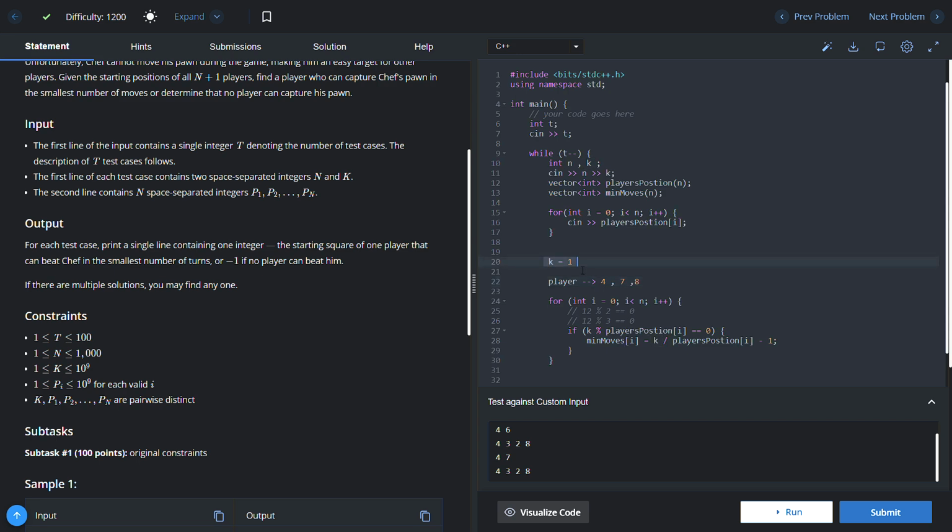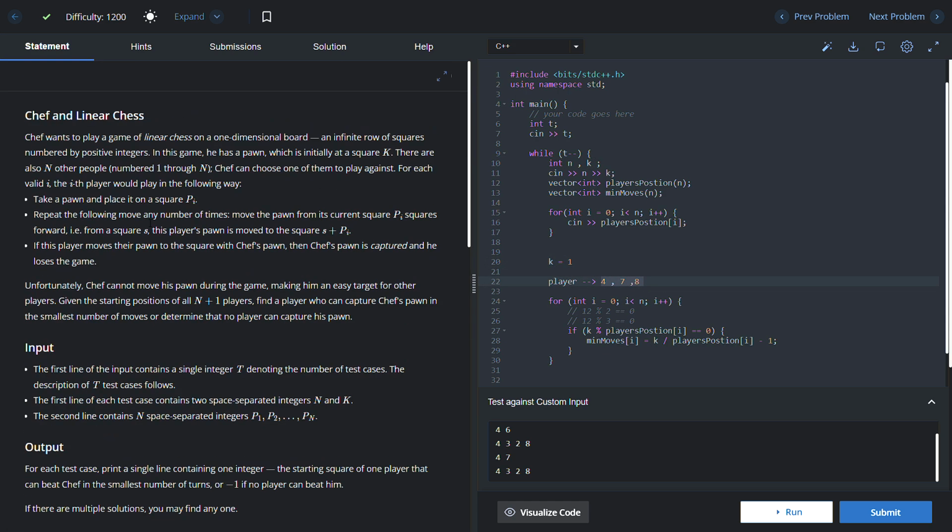Then K is smaller than these players' positions. So this is also written in the question that everything goes in forward direction. Somewhere I'm not able to find that word at that time.